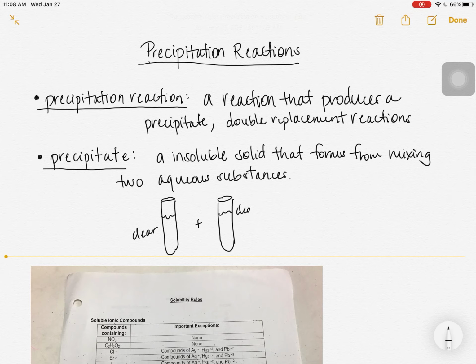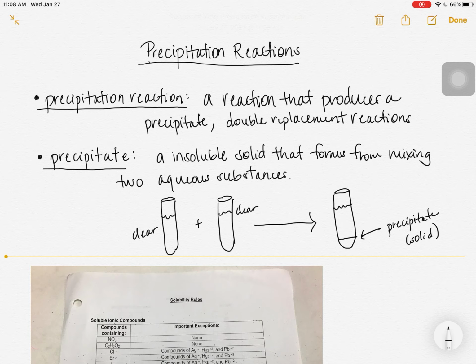So those are both aqueous substances. And when we mix those together, we got kind of a milky white substance, which, given enough time to settle, sunk to the bottom, and then there was some liquid on top.